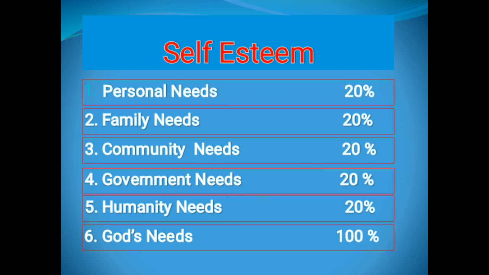For God's need, I'll give 100. If you calculate, we have 1, 2, 3, 4, 5. So every need on this self-esteem table, if I may call it that, is God's need. Every one of these needs is a God's need. So the summation of it will definitely be 100.